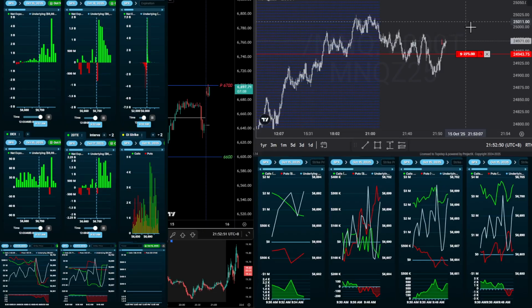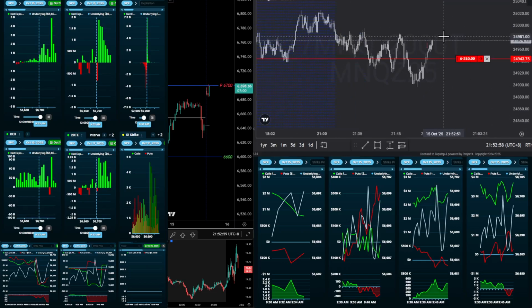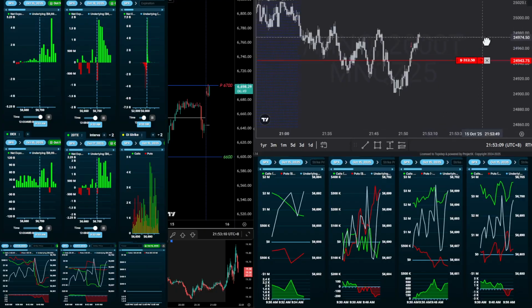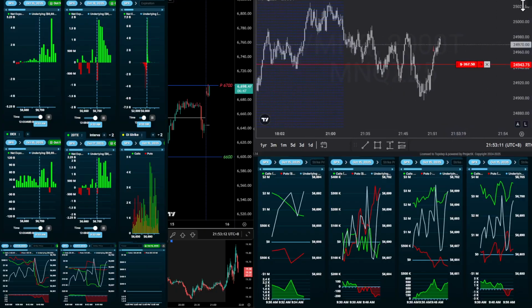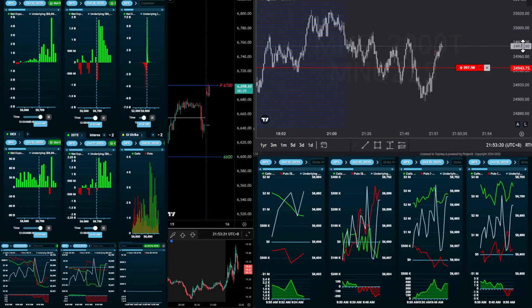For example, I bought a long 5 contracts here. I need to cut the position for this kind of situation because I got a squeeze. All right. So that's a trade against the market.